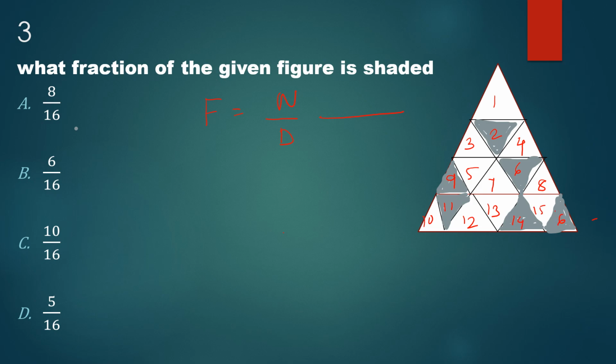So total 16 equal parts are there, so we will write 16. Now we have to check how many parts are shaded. 1, 2, 3, 4, 5 and 6 equal parts are shaded, so we are getting the answer 6 by 16. So option B is your correct answer.